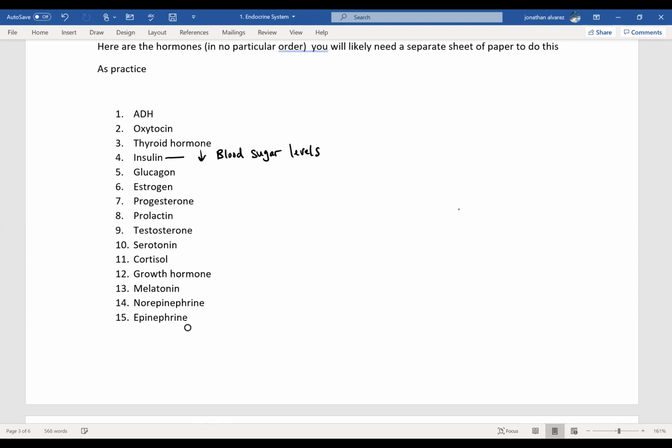It's released from the pancreas, more specifically, the beta cells. Glucagon activates gluconeogenesis, released from the alpha cells.